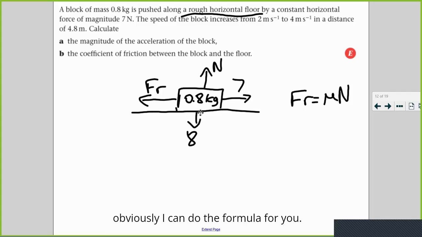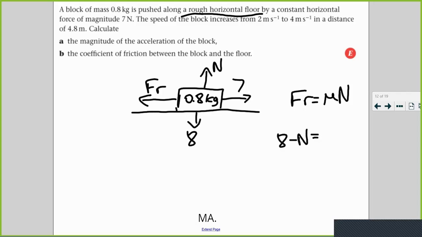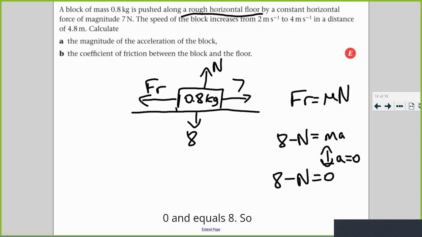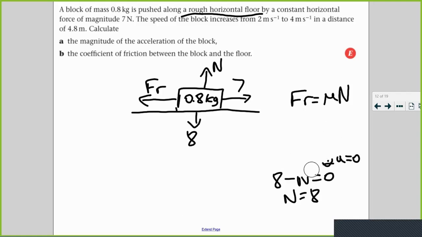I can do the formula for you. Up minus down equals ma. Right, there's no acceleration vertically, so 8 minus n equals 0, n equals 8. Okay. So n is going to be 8.